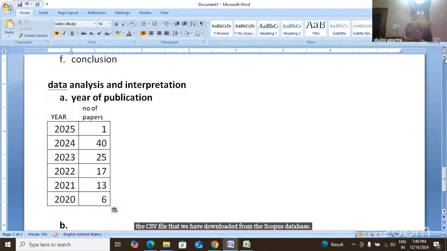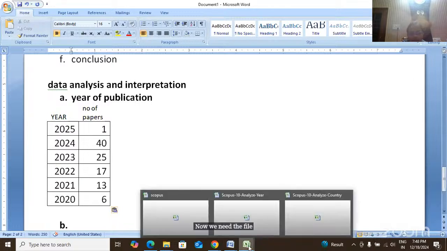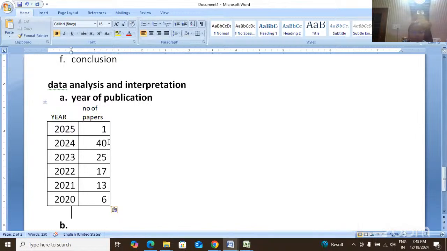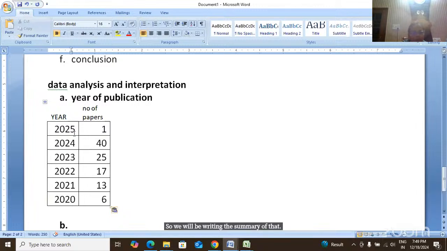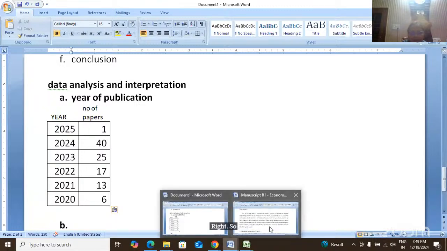First, let's say we want to tell the editor or the reviewer that this is the data of the previous papers, the 102 papers that we have extracted from the Scopus database. So we will be writing the summary of that. What is the summary over here? In 2025, how many papers? 1, in 24, 40, like this. Let me tell you one thing.